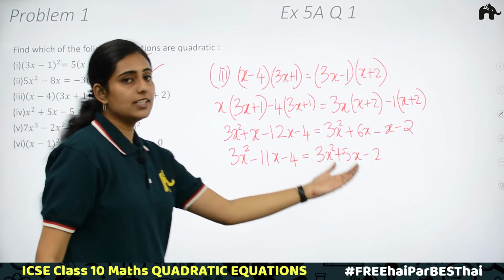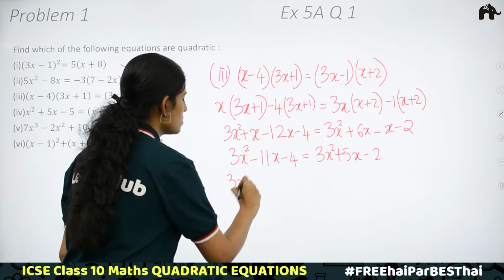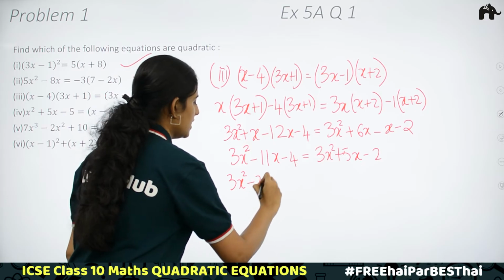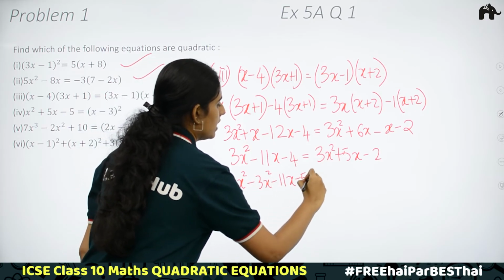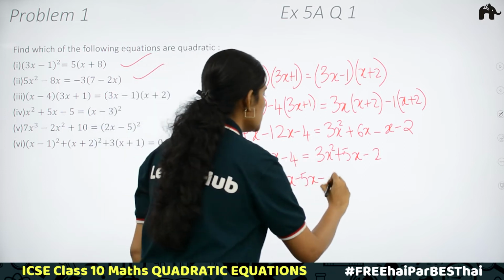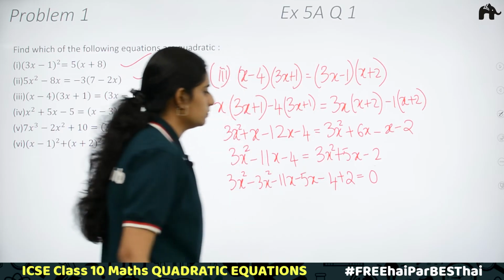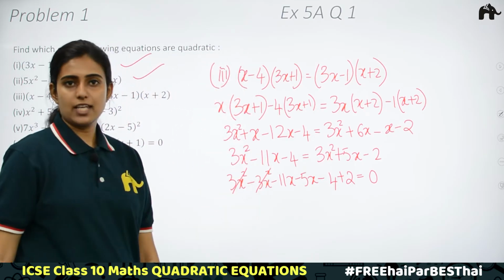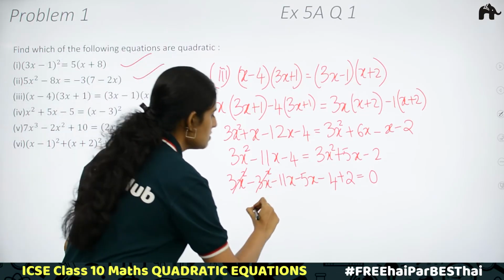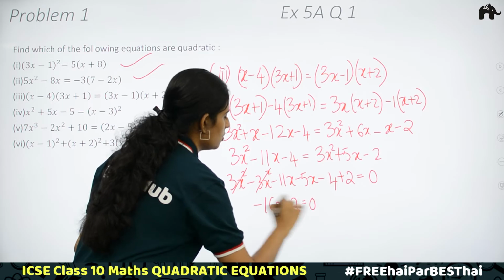Bringing all the terms on RHS to LHS, we get 3x square minus 3x square minus 11x minus 5x minus 4 plus 2 is equal to 0. 3x square minus 3x square can be cancelled. You are having minus 16x minus 2 is equal to 0.